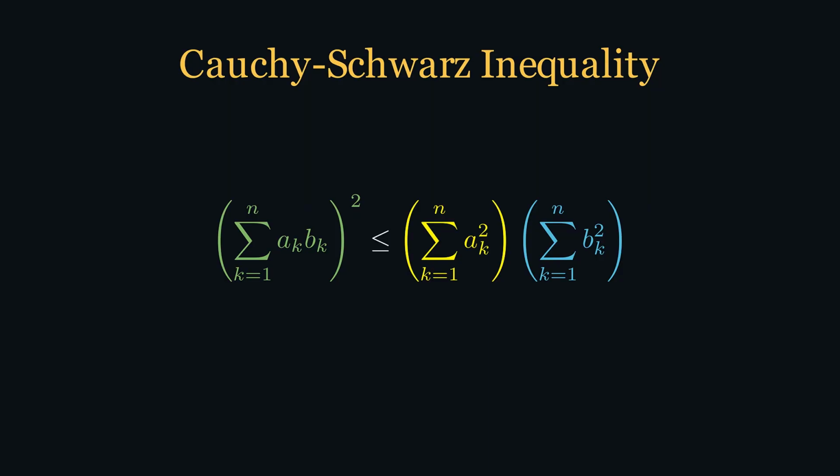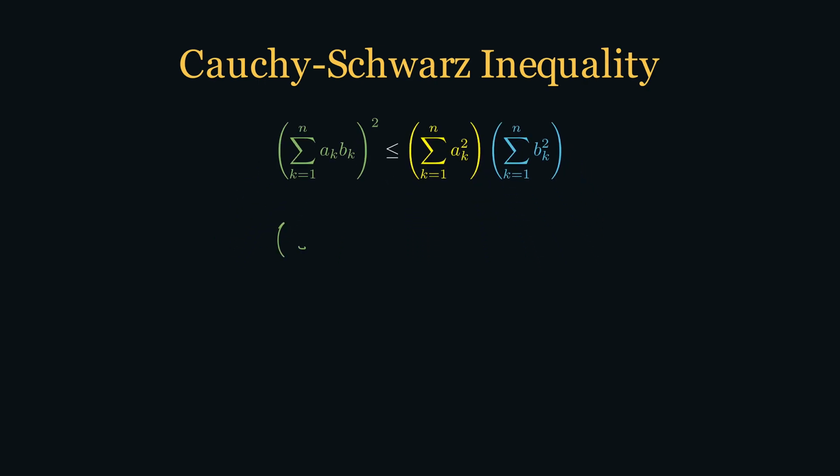In symbols, the quantity the sum of A sub k B sub k squared is less than or equal to the quantity the sum of A sub k squared times the quantity the sum of B sub k squared.